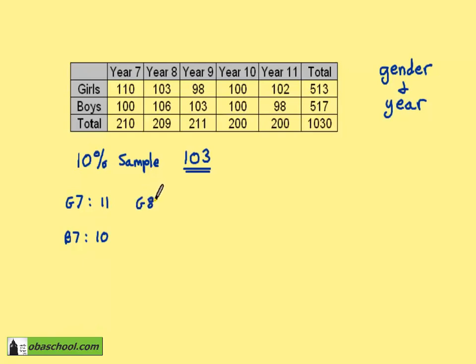Now consider girls in Year 8. 10% of 103 is 10.3. For boys in Year 8, 10% of 106 is 10.6. Girls in Year 9, we're going to get 9.8. For boys in Year 9, we're going to get 10.3.